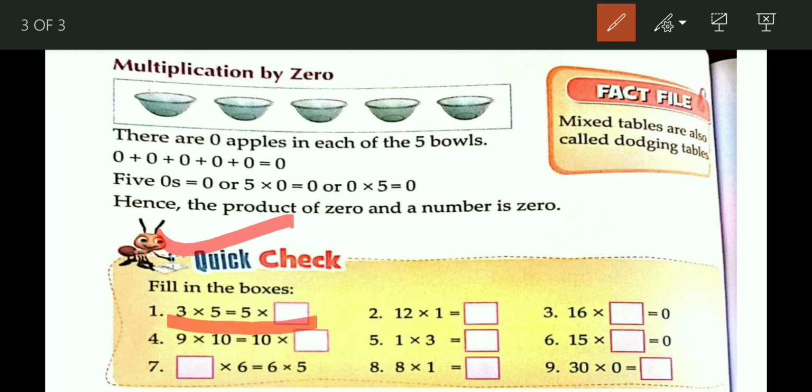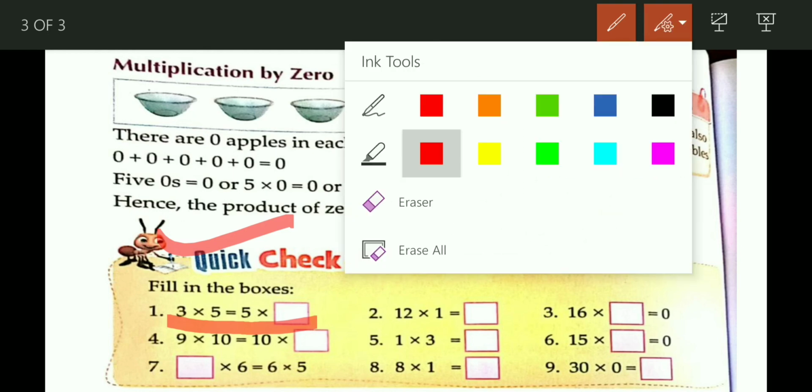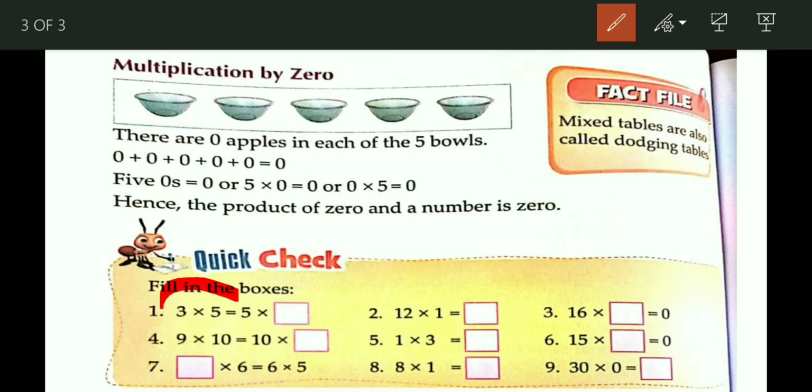3 into 5 is equal to 5 into what? That means here they just changed the place. First they wrote 3 into 5. Yes or no? But here they wrote 5 first. Then the next number will be 3.